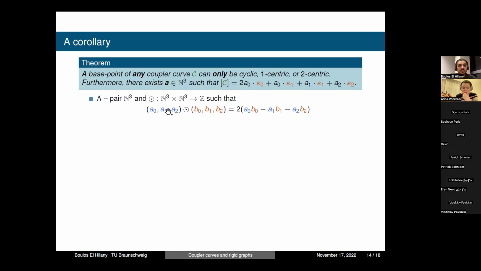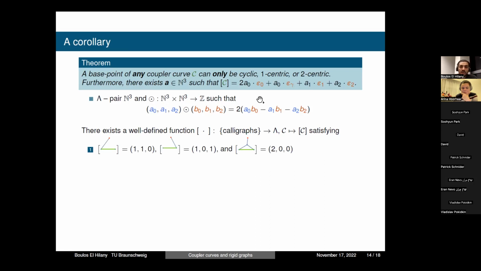This product gives me, for two points in n3, this bilinear form. Then there exists a well-defined function that goes from the set of all calligraphs to this lattice, and satisfying the following.